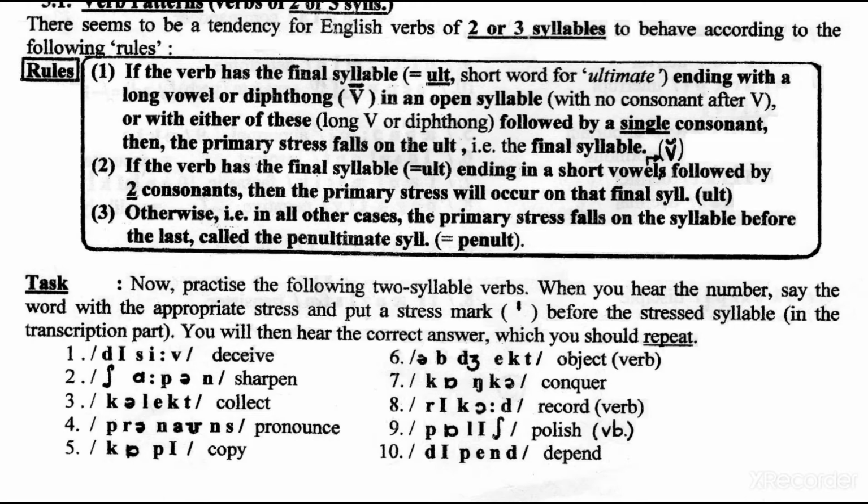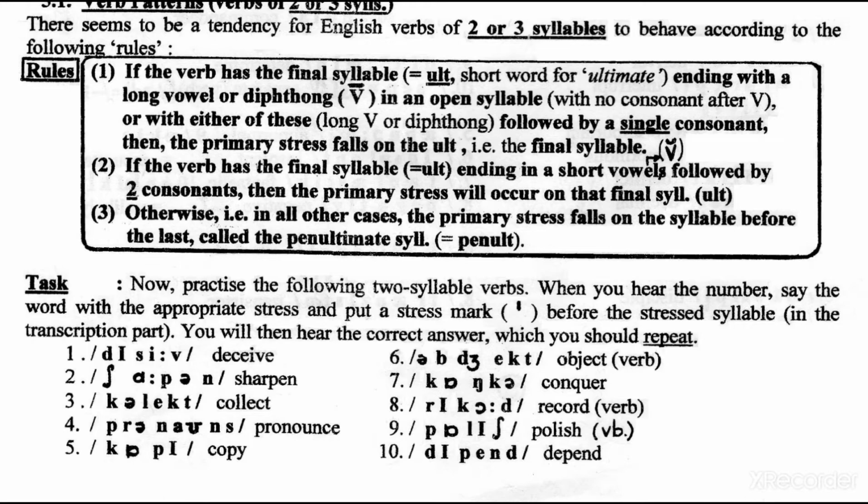It means if you don't find the cases of Rule 1a and Rule 1b, in all other cases, the primary stress falls on the syllable before the last, called the penultimate syllable or the penult, that is the second from the end.